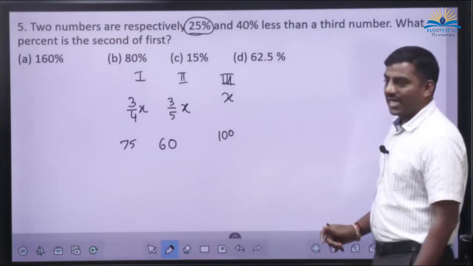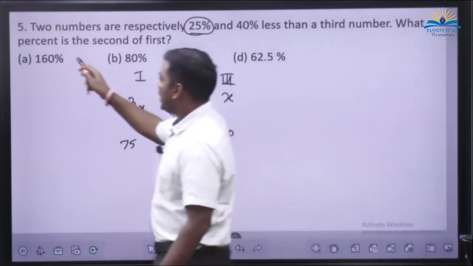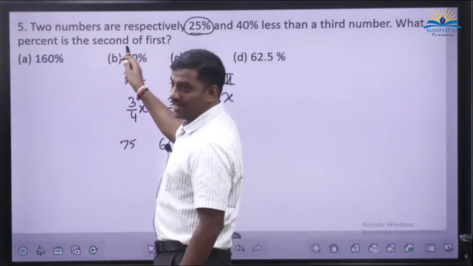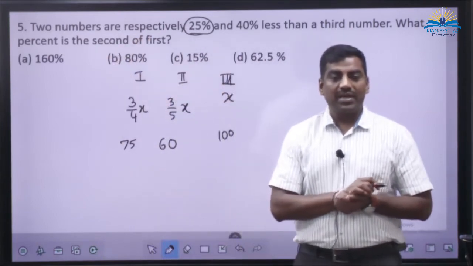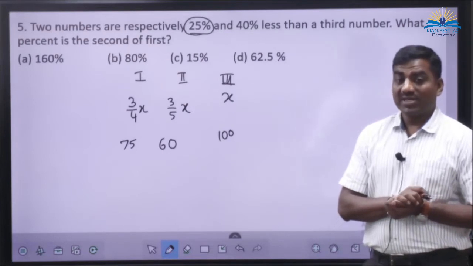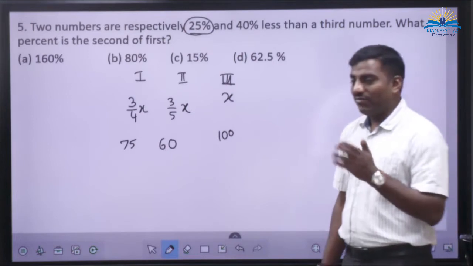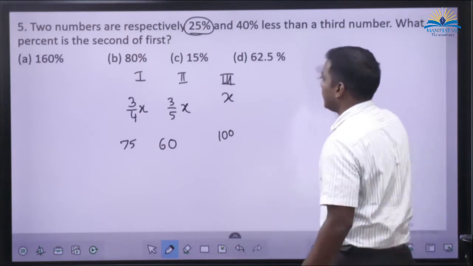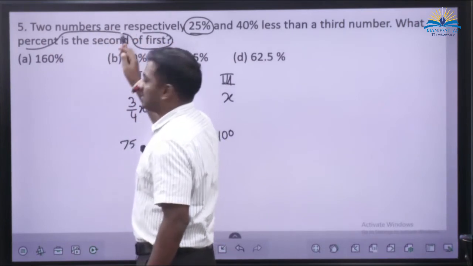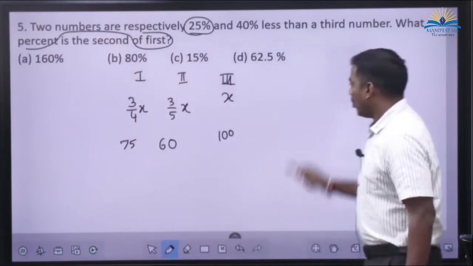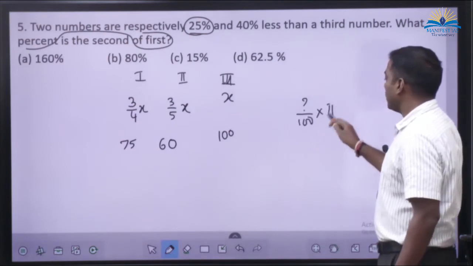Yeah. Now what they are telling? What percent is the second of the first? Which two are we comparing? First and second. Yes, at least that is clear. First and second we are checking. Now check what percent of the first is the second.